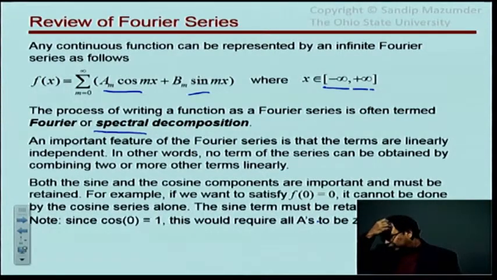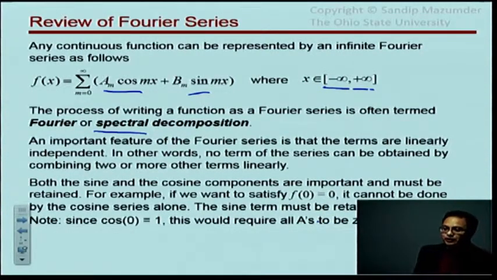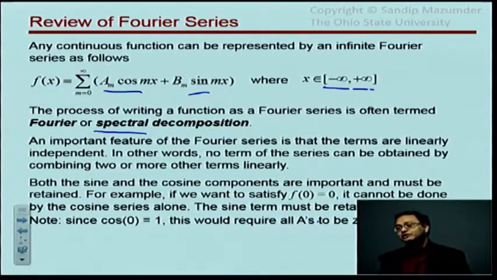Both the sine and cosine components are important to retain whenever you do a Fourier decomposition, and that's because there may be some cases where you need the sine terms and there may be other cases where you need the cosine terms.